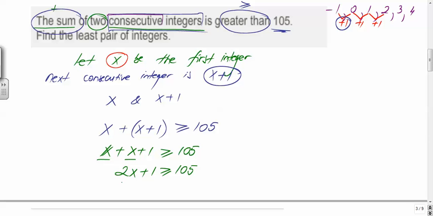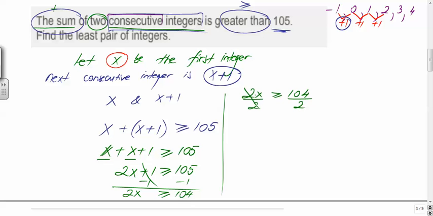To solve, you will take 1 away from both sides. Okay? On the left side of the inequality, you have 2x, 1 minus 1 is 0, greater than or equal to 104. Let's take it here, 2x greater than or equal to 104. To find your x, you will divide by 2.